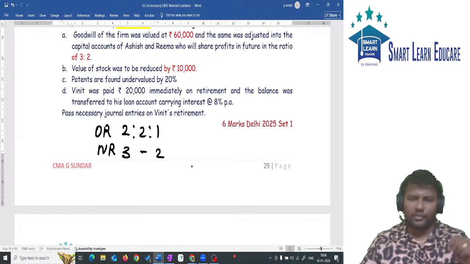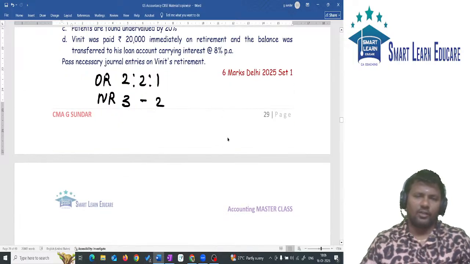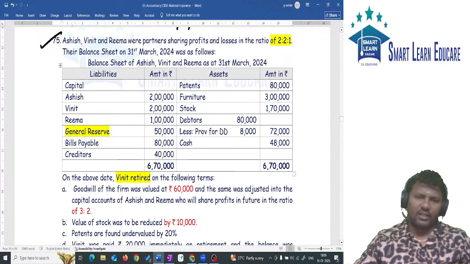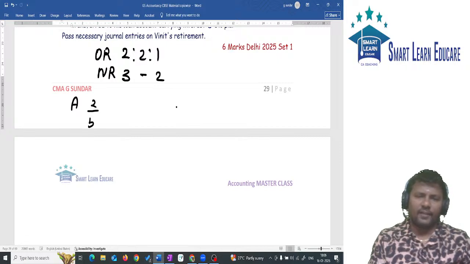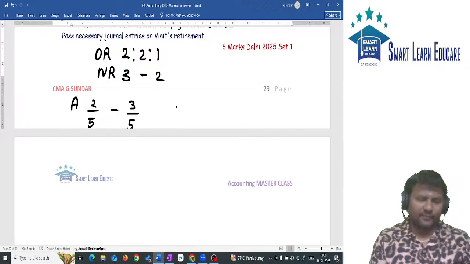So first find the sacrifice or gain. How to find out sacrifice or gain? First for partner A, 2/5 minus 3/5. LCM 5. It is minus 1/5, meaning that partner is gaining.